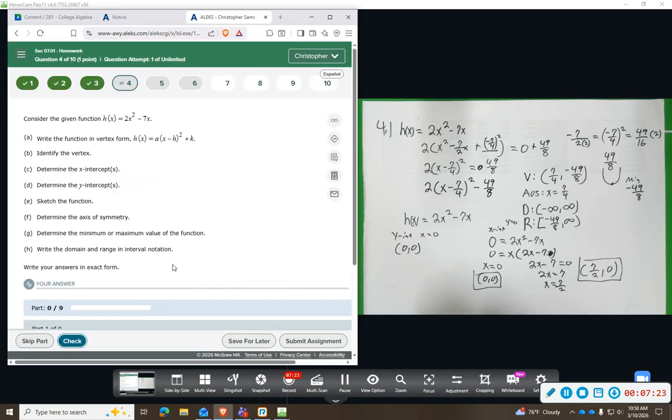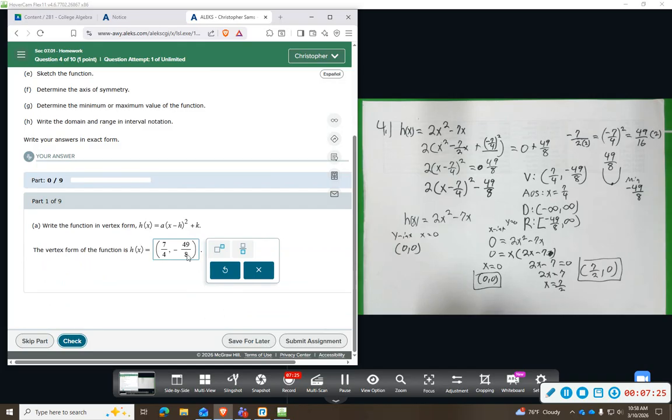It says be careful of commas. The vertex form of h of x. Okay, so they want the vertex form, not the vertex.